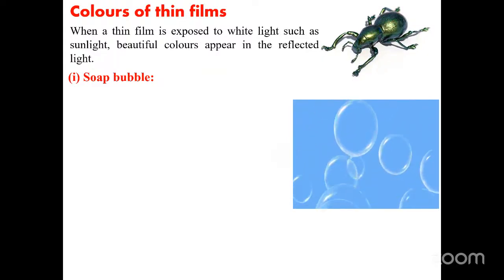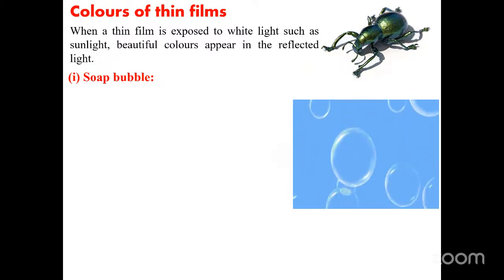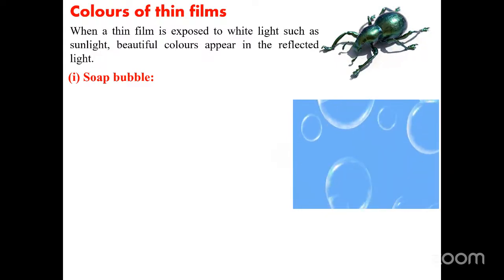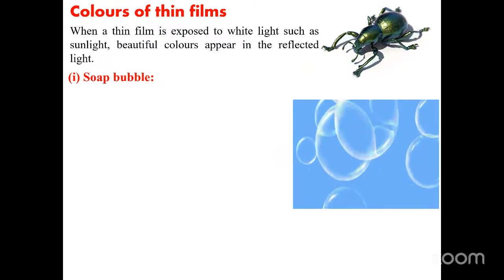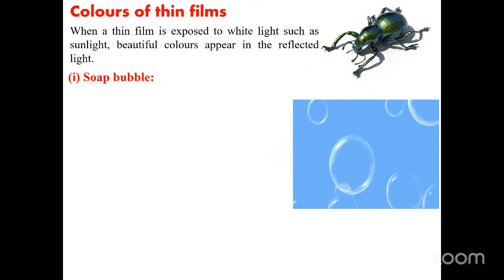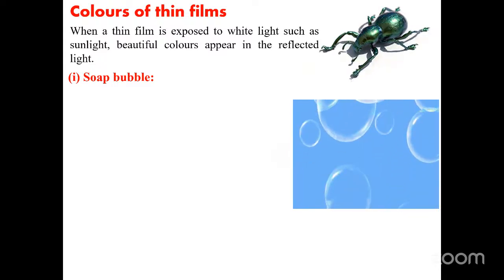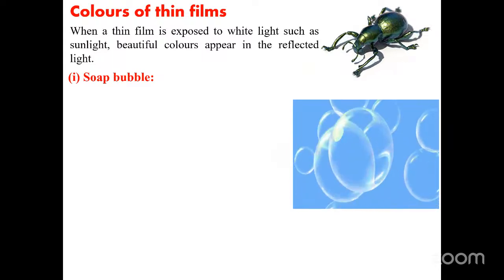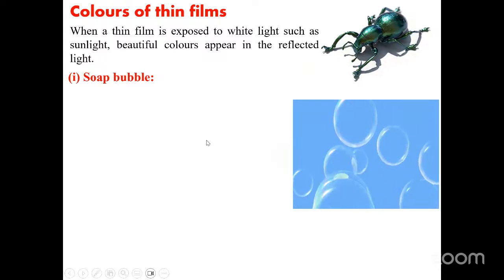But what is the phenomenon behind the colors in soap bubbles? That is interference. We get the colors due to the phenomenon of interference only, in bubbles as well as in thin films.